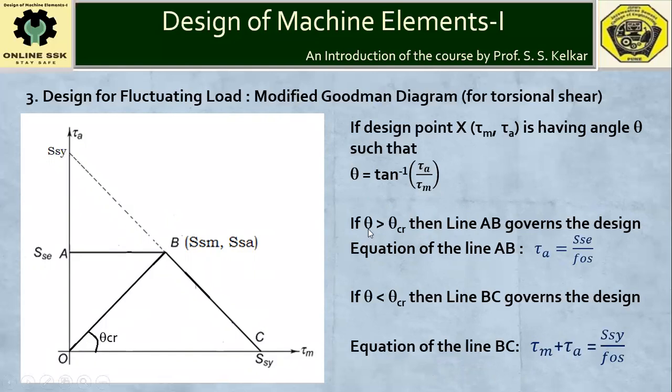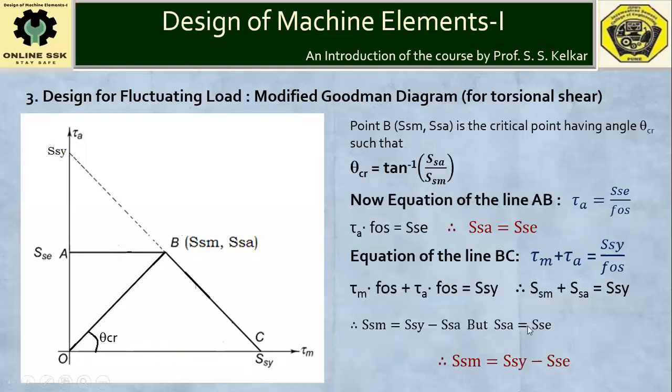Based on the value of theta and theta critical, we have to decide which line governs the design, and accordingly its governing equation is required to be taken into account while calculating the dimensions of the machine part or while designing the machine part.